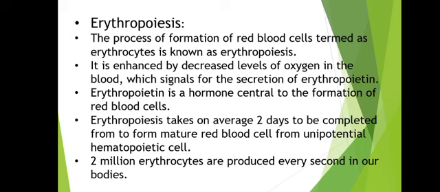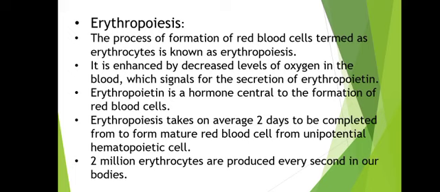erythropoietin. Erythropoietin is a hormone central to the formation of the red blood cell. Erythropoiesis takes 2 days on average to form mature red blood cells from unipotential hematopoietic cells. 2 million erythrocytes are produced every second in our body.